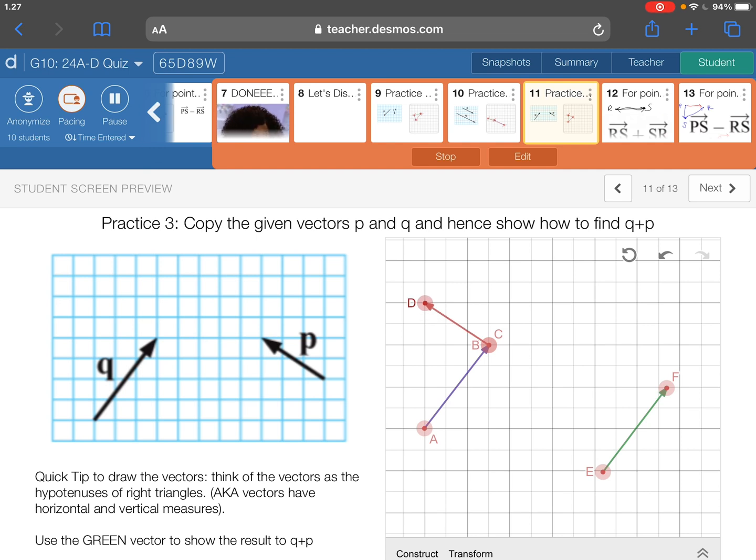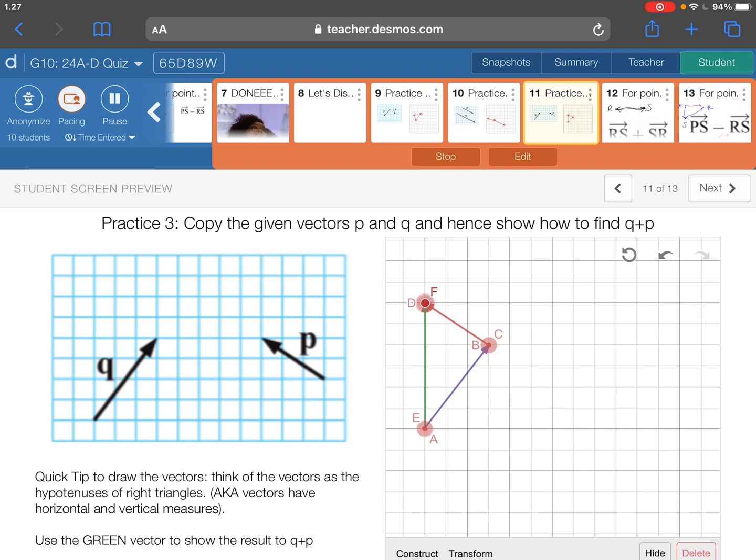Okay, so again, the answer should be, we start at the same point. We start at A, and then we're going to end at D here. So that should be your answer, which is the vertical component is 1, 2, 3, 6 units.